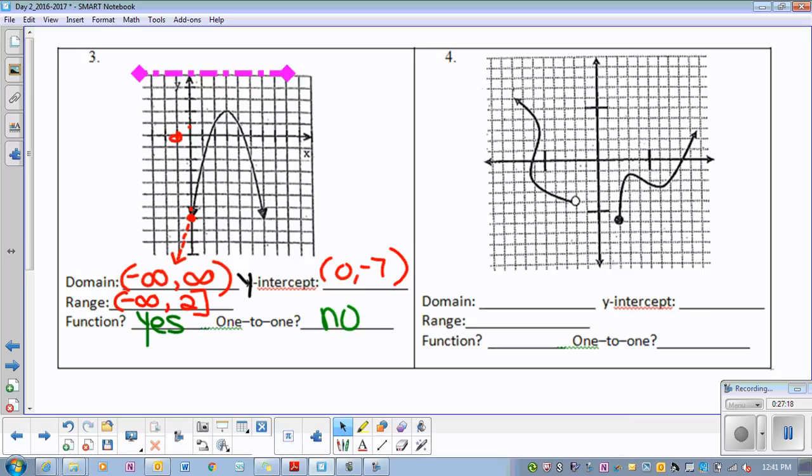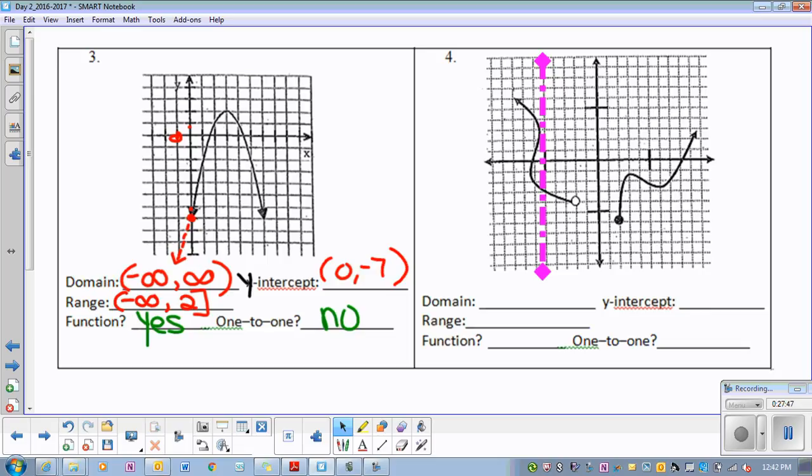Let's do number 4. All right, so let's talk about the domain here. We have an arrow on the left-hand side. Where's that going? Which infinity? Good. We're talking about the domain.